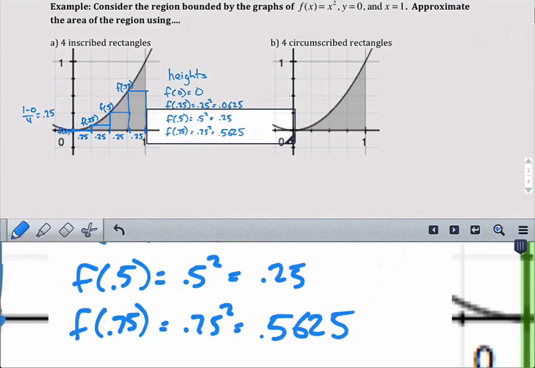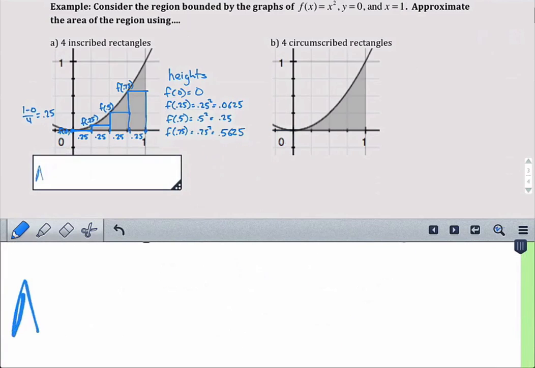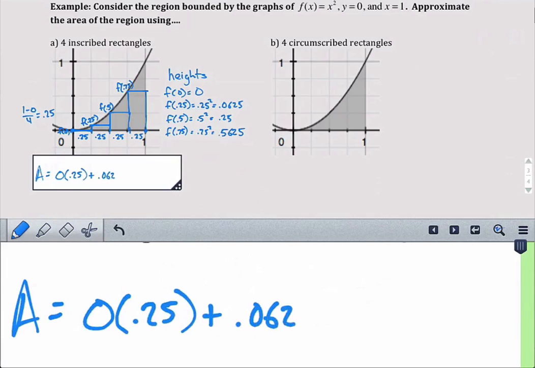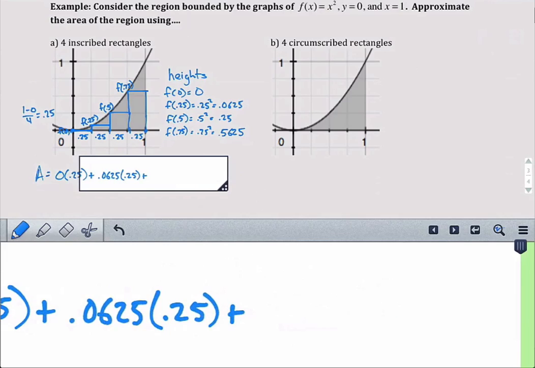So now we can find the area of each of the rectangles. So our first one has a height of 0 and then a width of 0.25. Our second rectangle has a height of 0.0625 and a width of 0.25. Our third rectangle will have a height of 0.25 and a width of 0.25.